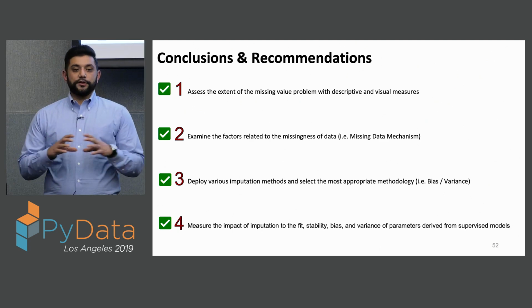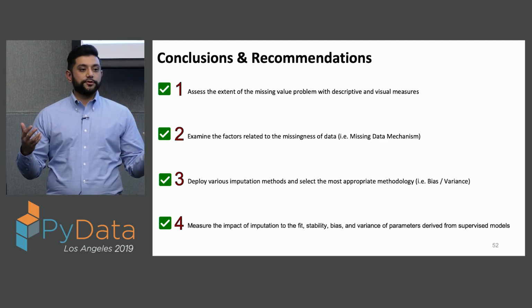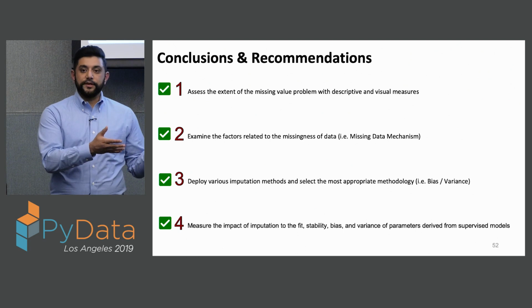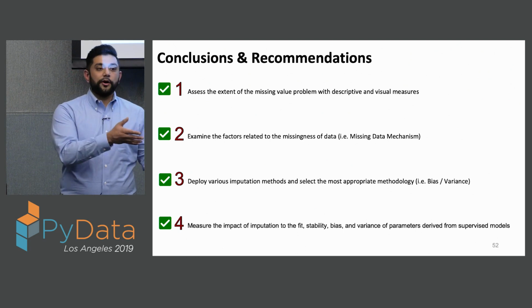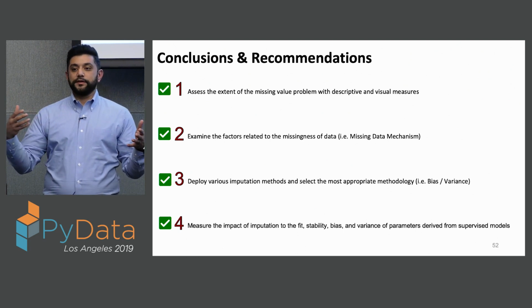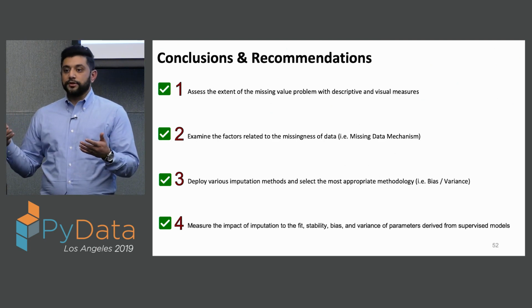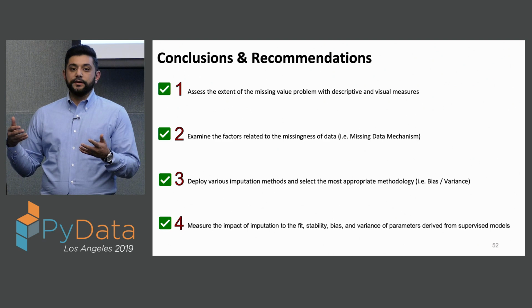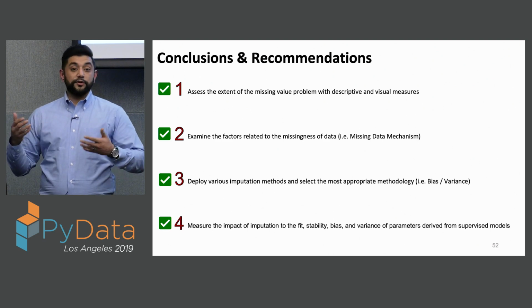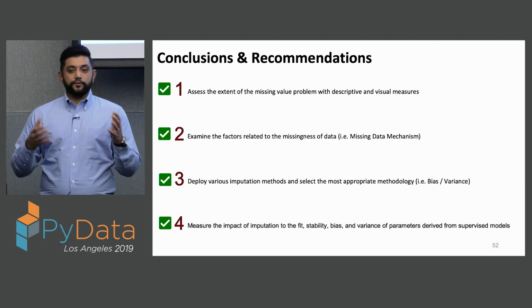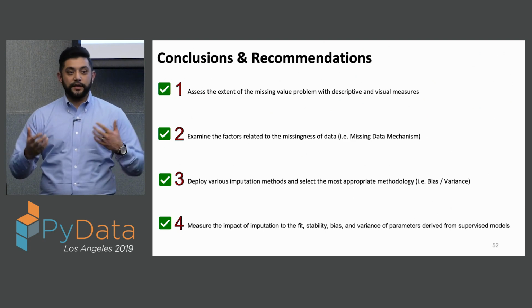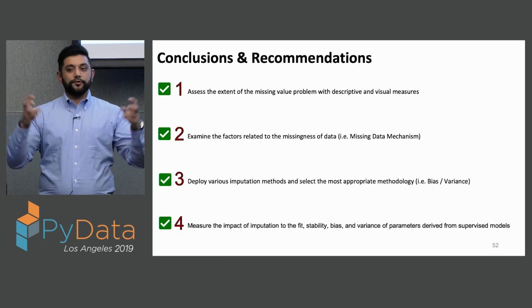That's why the key point here is to go through this 4-step approach. Understand the missingness in your data set. Then that will help you understand what type of missing data mechanism is at play here. And if it doesn't, then you can go through the imputation process and you'll very quickly see that certain imputation methods are really bad for certain data sets. That's why we're not going to recommend the best imputation method from auto-impute.